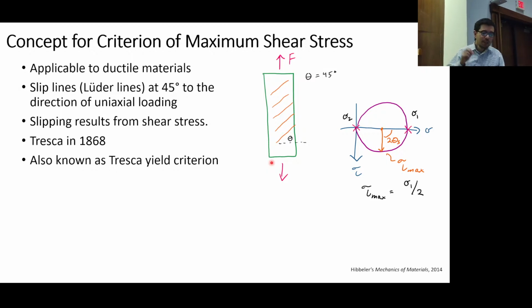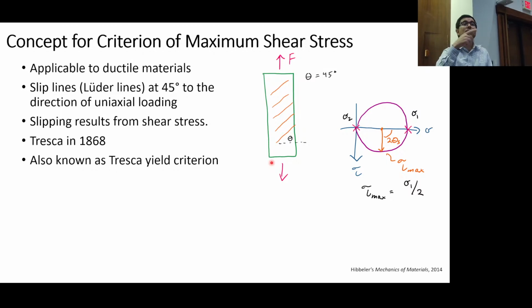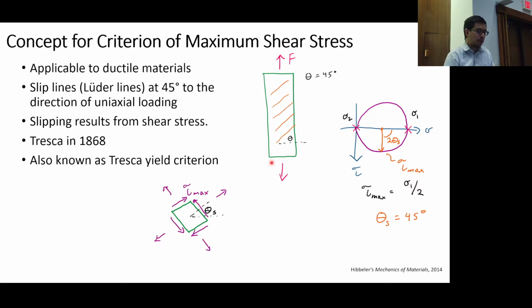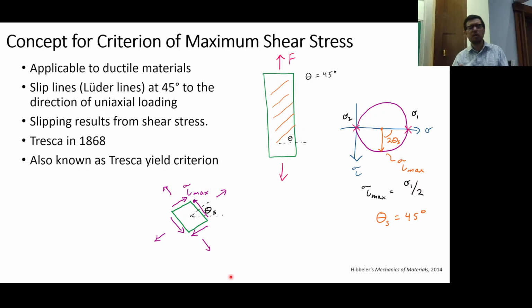So the maximum shear stress that we can have here, and we talked about this already, we did the whole thing, is sigma 1 over 2 for tensile loading. And it's going to be happening at 45 degrees. So we can think about this state of shear, and when you get to the absolute maximum shear stress or maximum in-plane shear stress, it doesn't mean that the normal stresses go to 0, right?